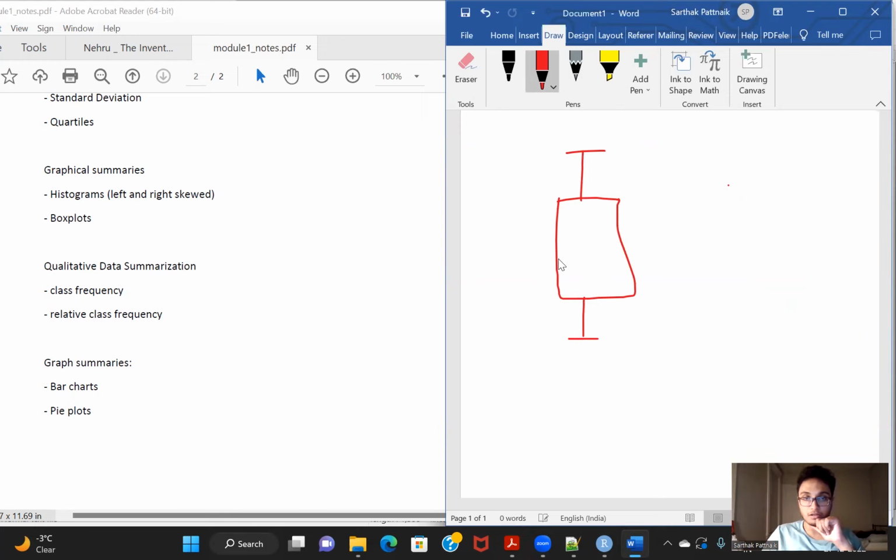Please forgive my drawing. Okay. Now in R, you will always see the box plot in a vertical fashion. To make you understand, I'll draw the same diagram horizontally. There is no difference, but it just makes it easy to understand.